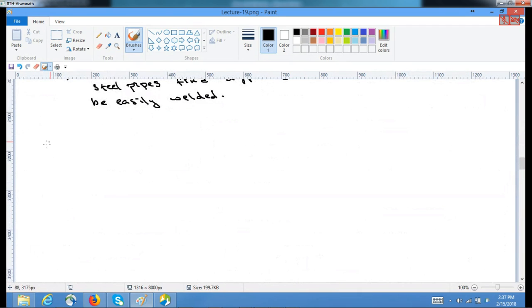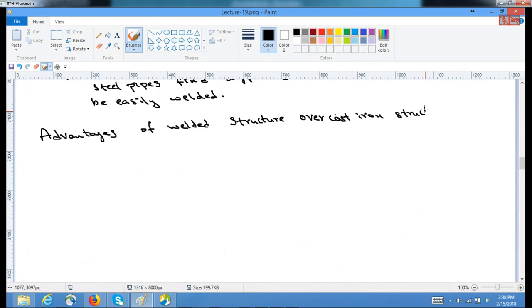So, advantages of welded structure over cast iron structures.